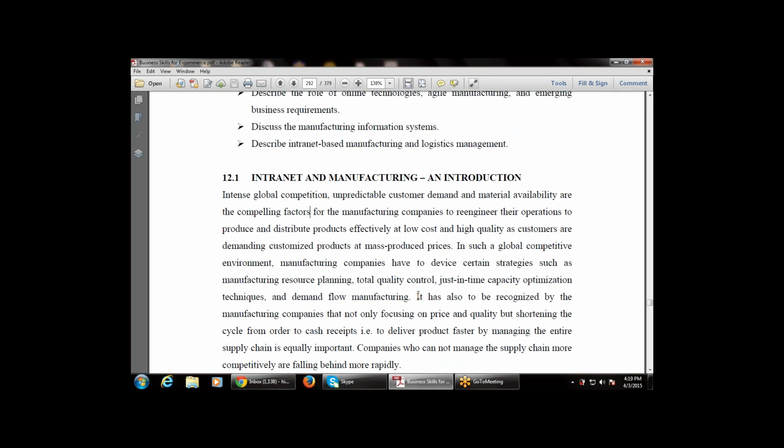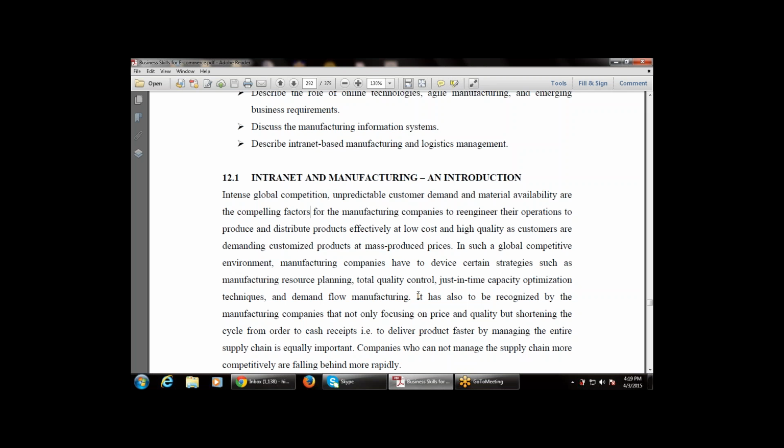So to make and distribute the product effectively at a low cost and high quality, as customers demand more and more products at a very reasonable price. In such a global environment, manufacturing companies have to decide to use various strategies such as manufacturing resource planning, total quality control, just-in-time, capacity optimization techniques, and demand flow manufacturing.